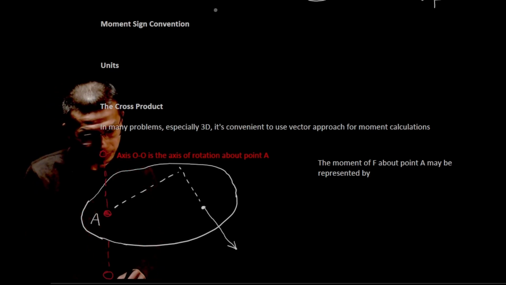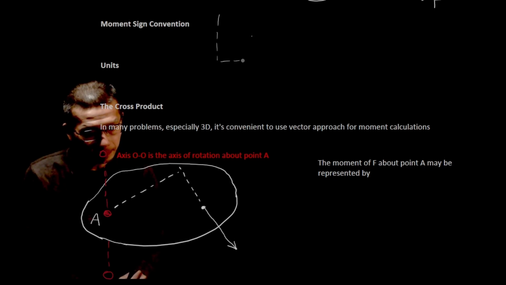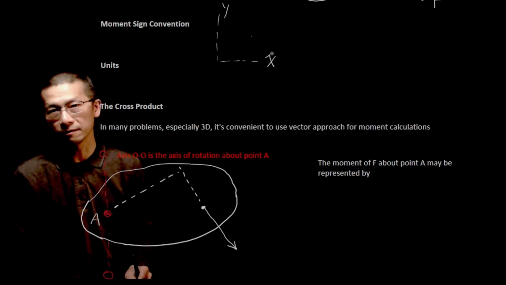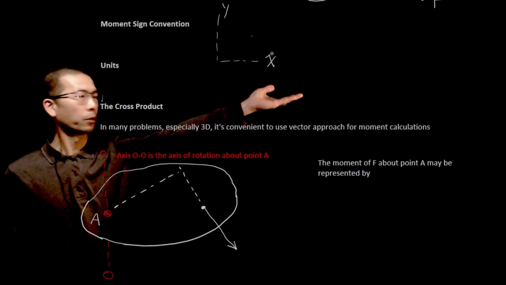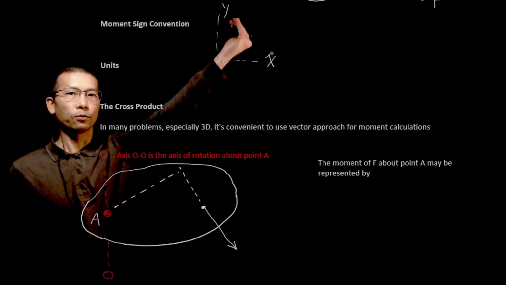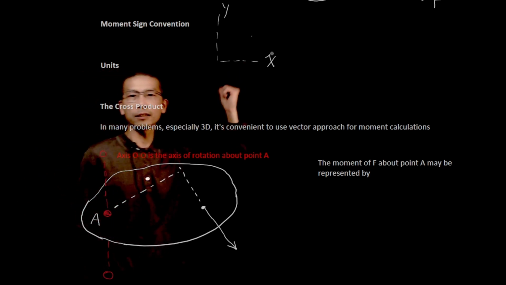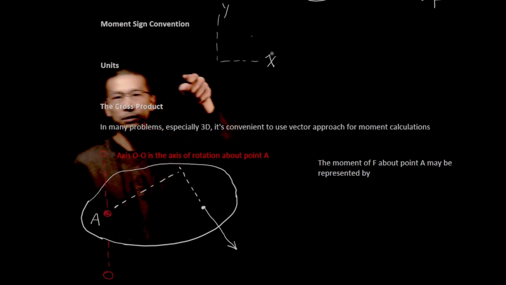Let's write it out. This is y, this is the x-axis. Where's the positive z-axis? Well, if we wrap around, pointing to x, and then point to the y, now my finger is actually out of the plane. For you, it looks like you are into the plane.